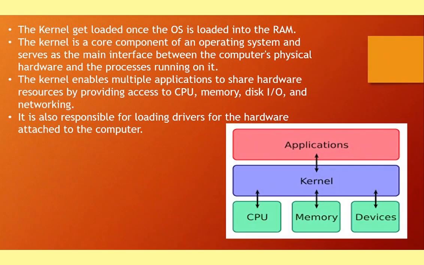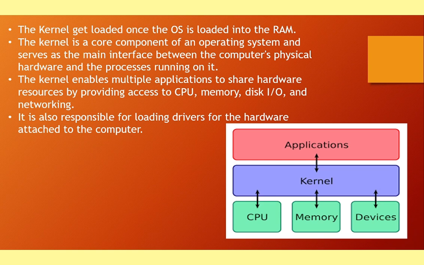At this point, the kernel also gets loaded. The kernel controls access to the computer resources such as hard drive, keyboard, mouse, monitors, among others. It is also responsible for loading drivers for the hardware attached to the computer.